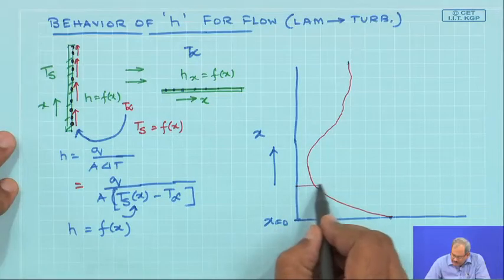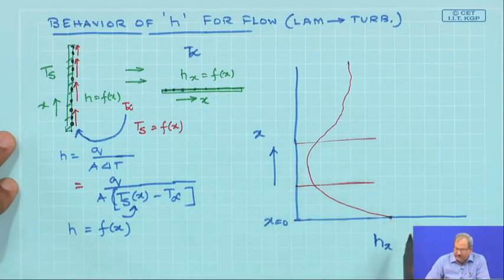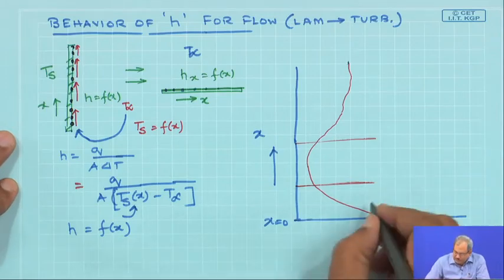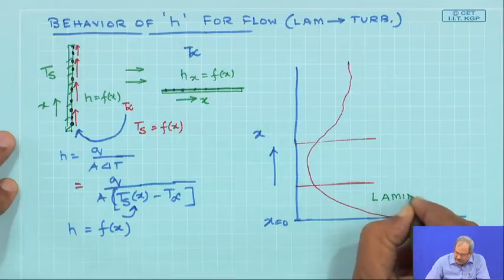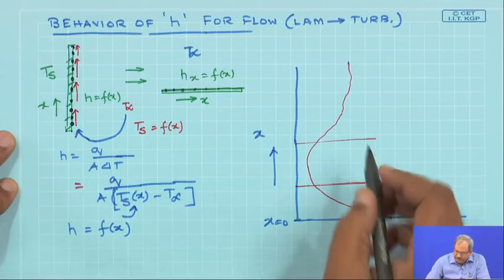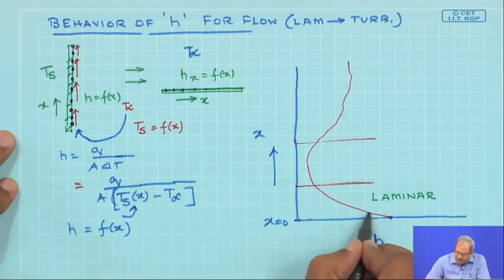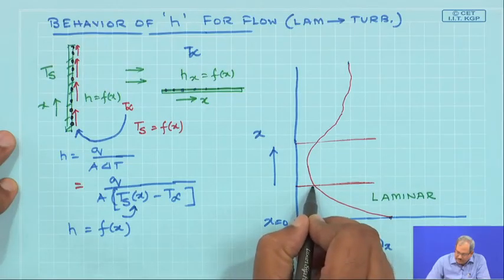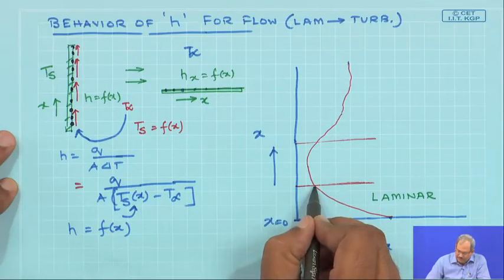You can clearly mark 3 regions in this case. The first region where the flow is essentially laminar, in which the heat transfer coefficient monotonically decreases with length until it reaches a value like this, a value over here.